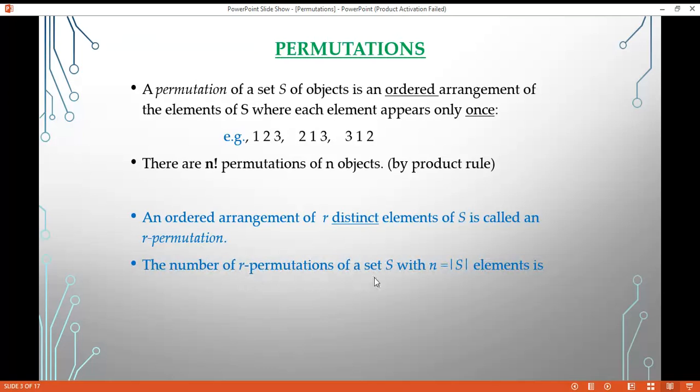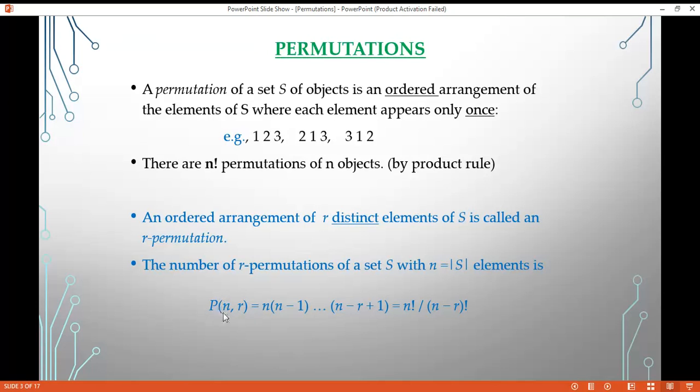The number of r-permutations of a set S with n elements is represented by P(n, r). P(n, r) means that we have a total of n objects, and out of these n we have to arrange r objects.